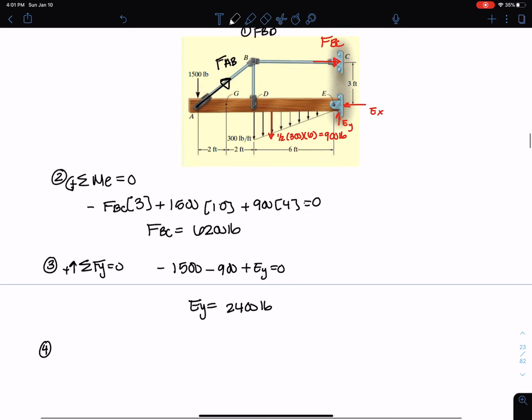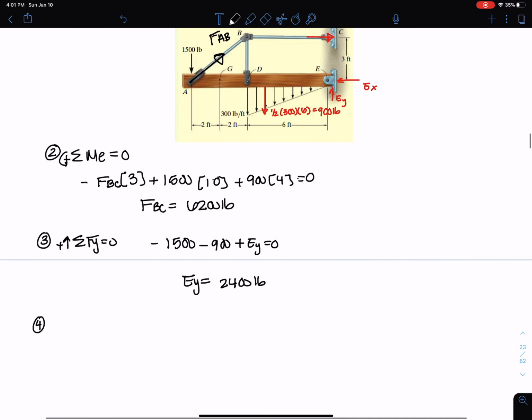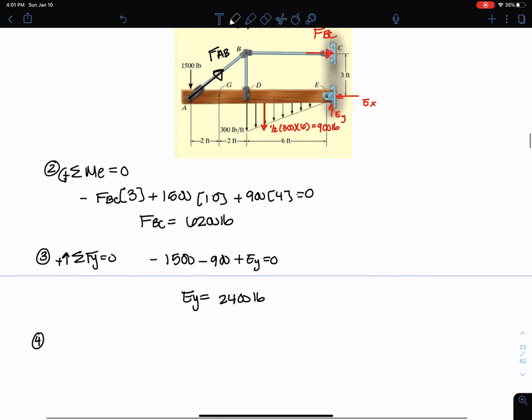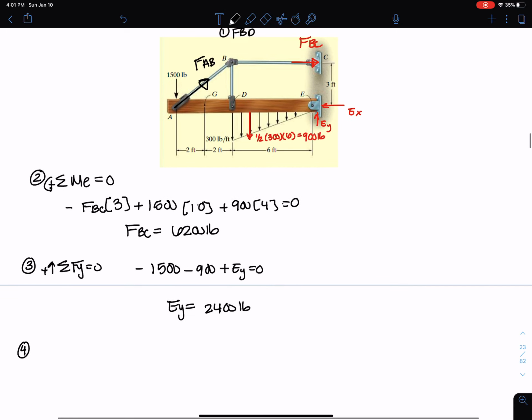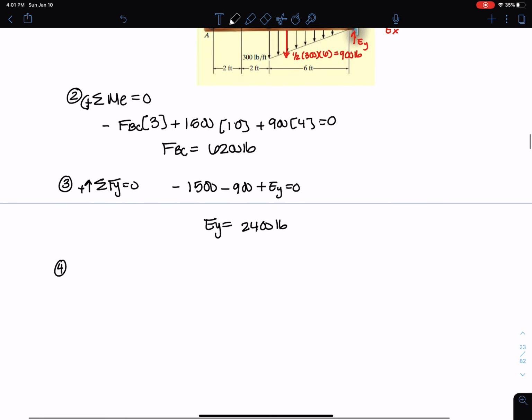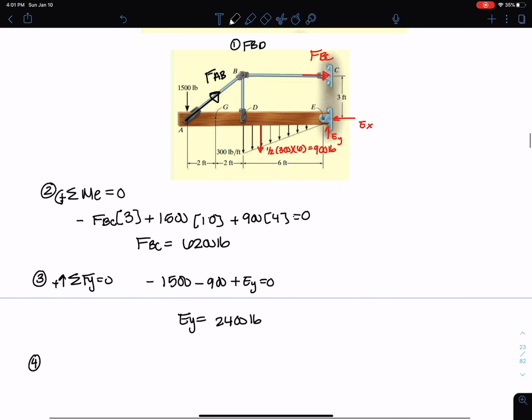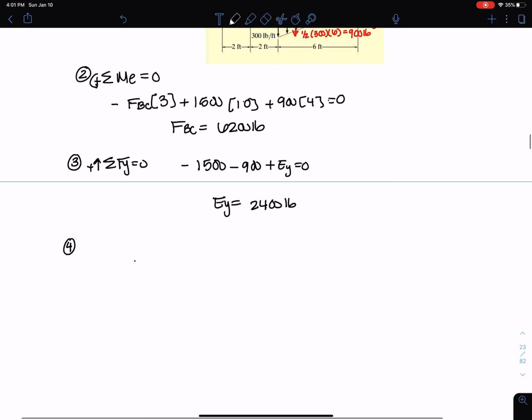Before we can solve for what's going on at G, to get FAB, the first thing we can do is isolate that joint at B. Here, you can see this is like a little truss system. So let's isolate this joint and apply method of joints here.